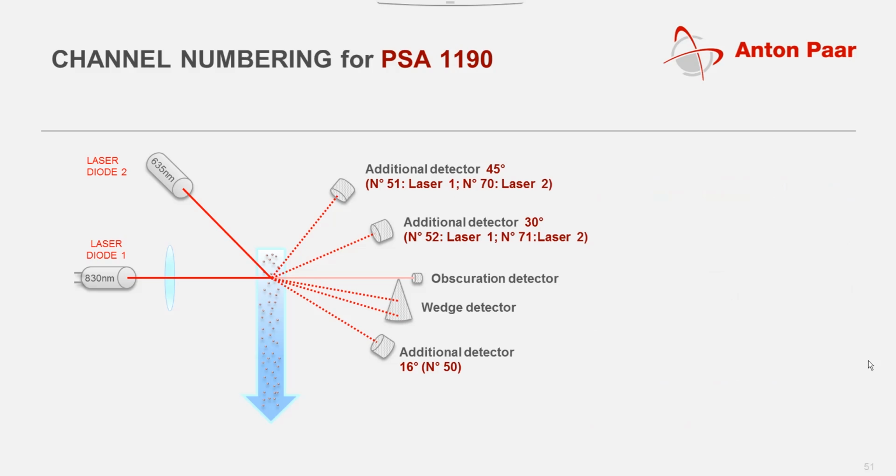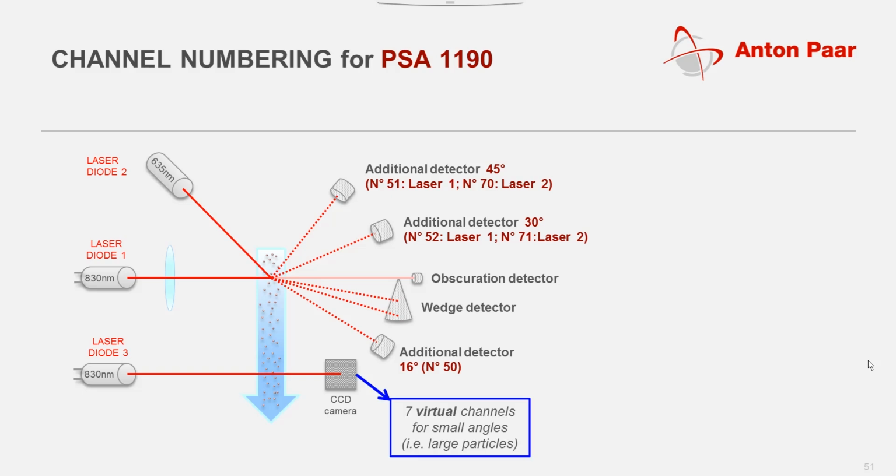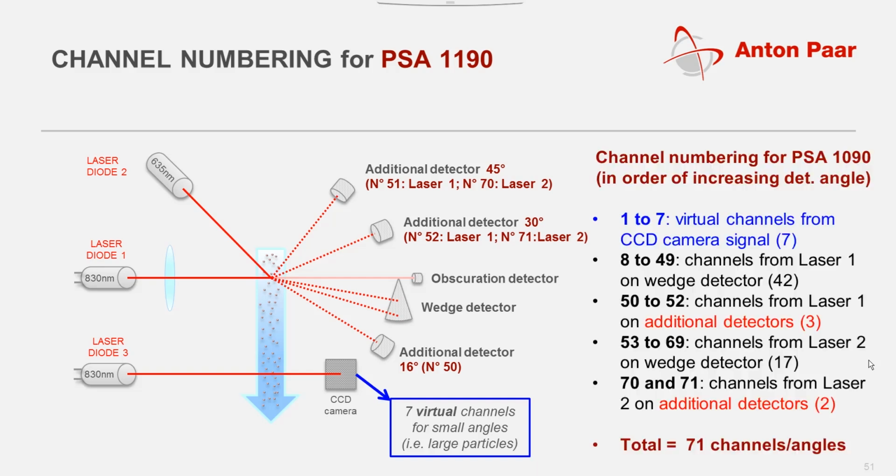In the PSA 1190, there is additionally the CCD camera with its 7 virtual channels. Virtual because they are not on physical detectors. These channels count for particles larger than 500 micrometer. The numbering is changed again, but the way the numbers are assigned to the detectors follows the same principle.